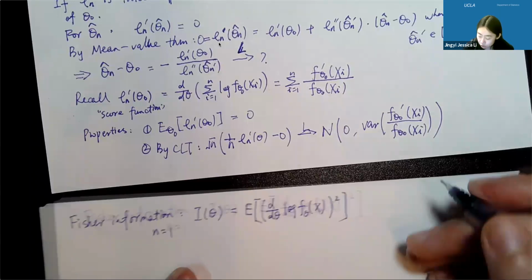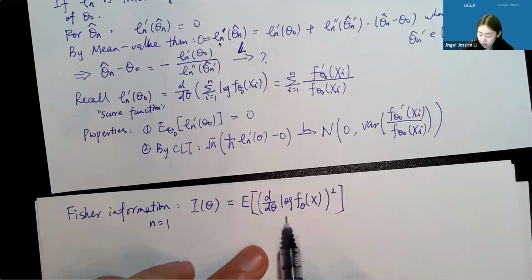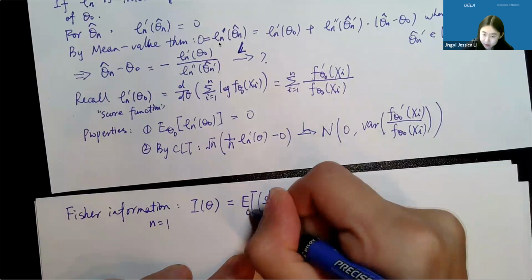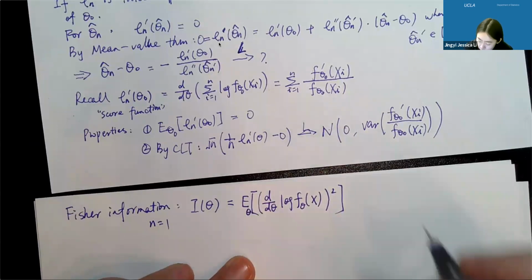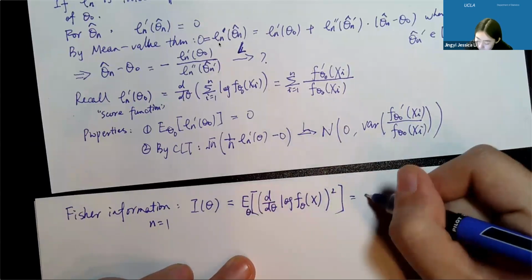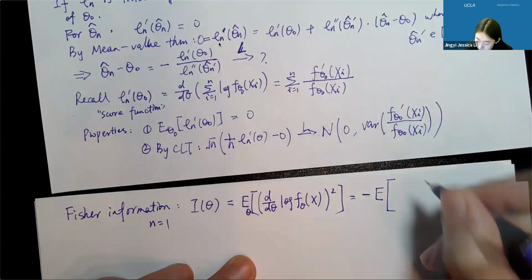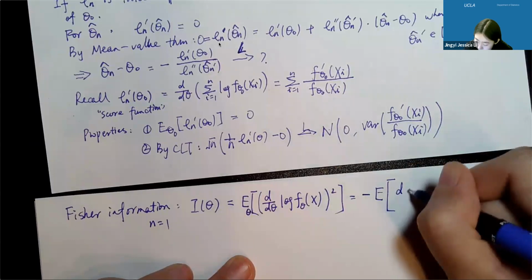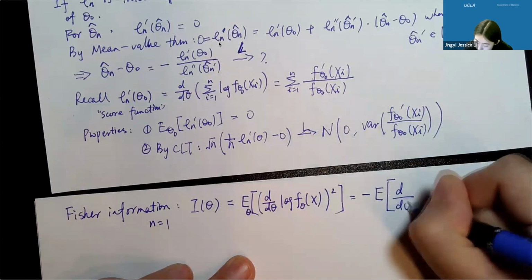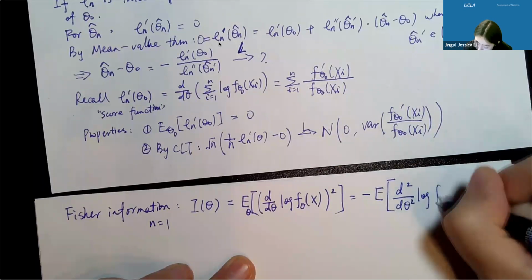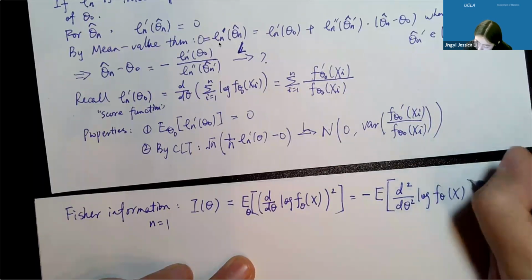We can also show that, by a special property of this thing, and with the expectation evaluated at this theta, this is equal to the negative expectation of the second order derivative, d theta squared, of log f theta x.